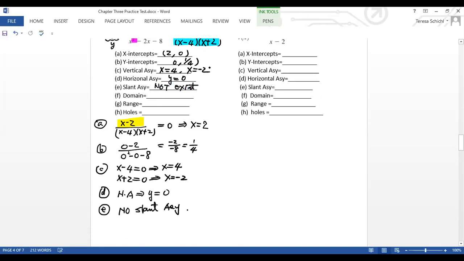Okay, the domain. The domain is everything except where the denominator equals 0.